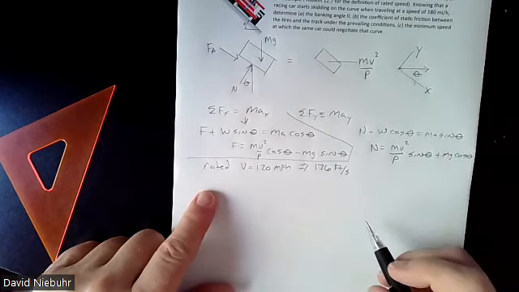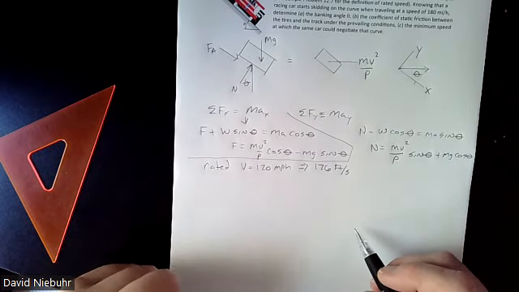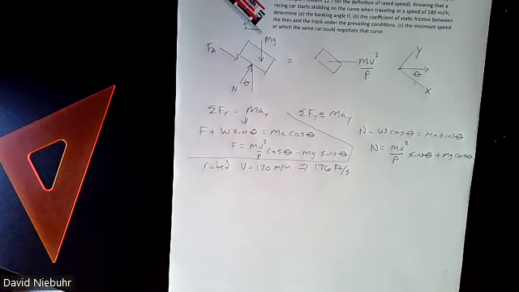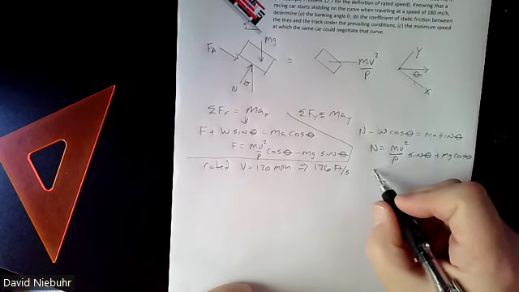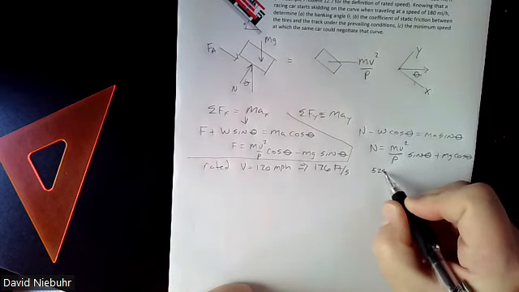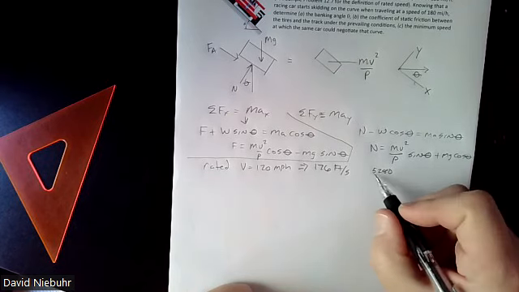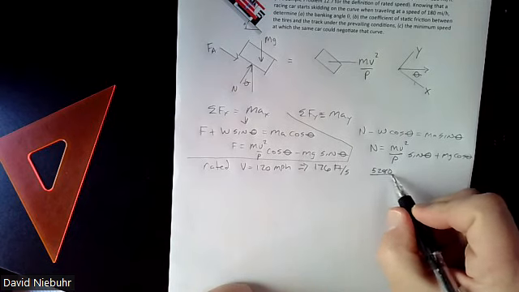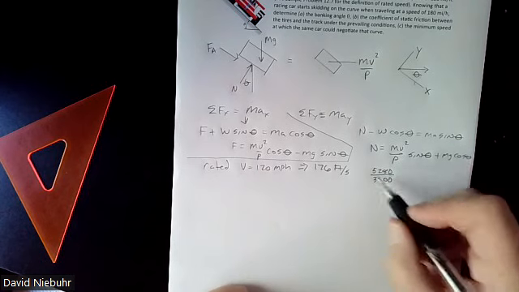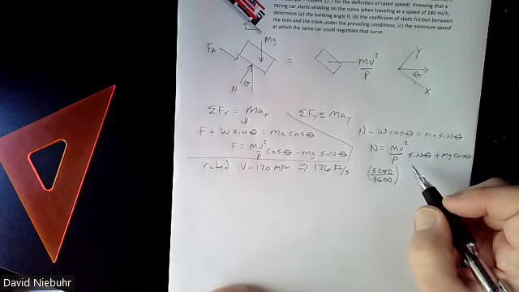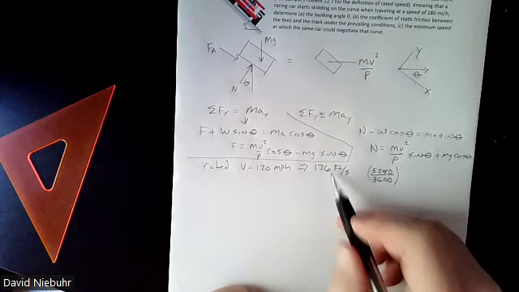Remember, there's 5,280 feet in a mile and 3,600 seconds in an hour. So basically the conversion is just 5280 over 3,600, whatever that ratio is. So then you multiply that by that to get this.